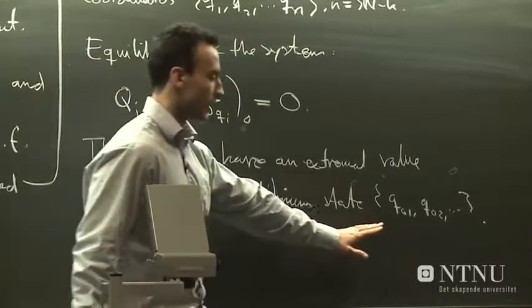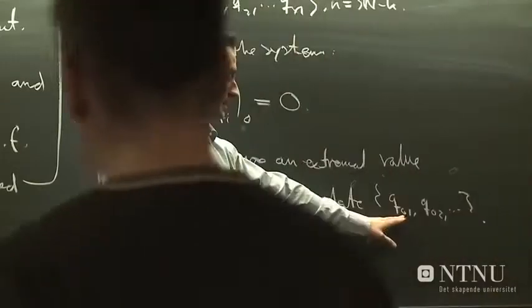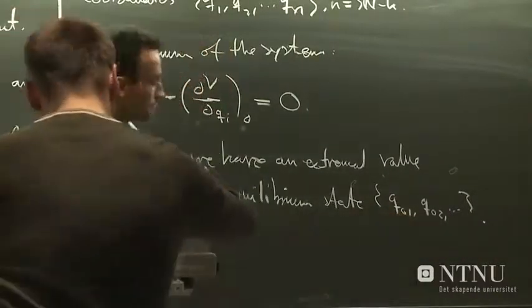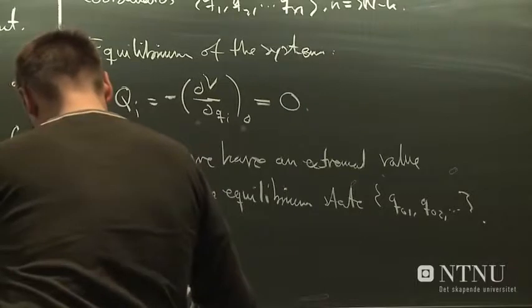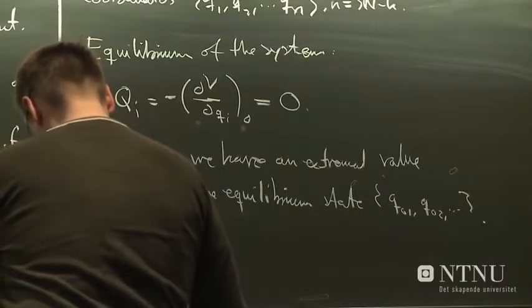So the equilibrium state is provided by q01, q02, etc. These are positions or values of the generalized coordinates which give the equilibrium state.